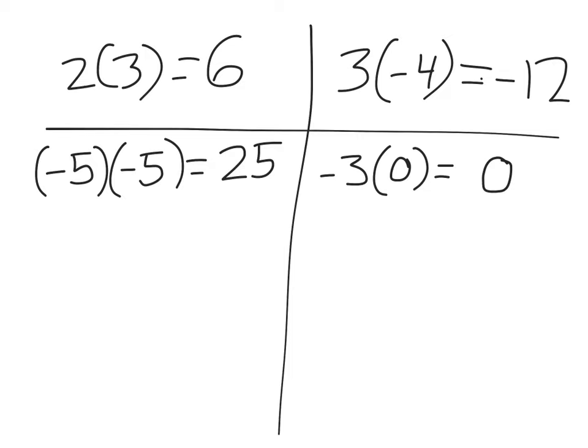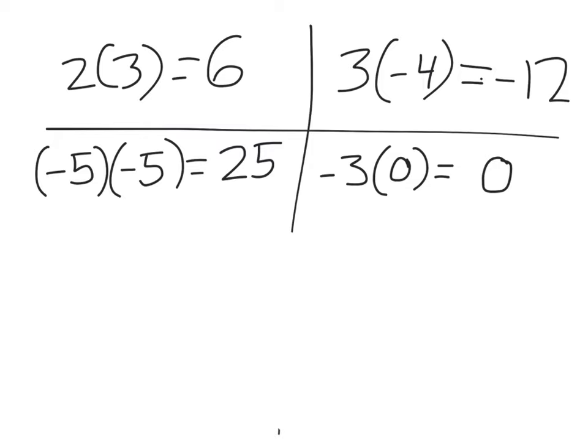Any questions on those? Now, a couple things I want to talk about in regards to multiplication. How did I show I was multiplying in all of these problems? Yeah, you knew what the question was. Very good. I showed multiplication by parentheses.